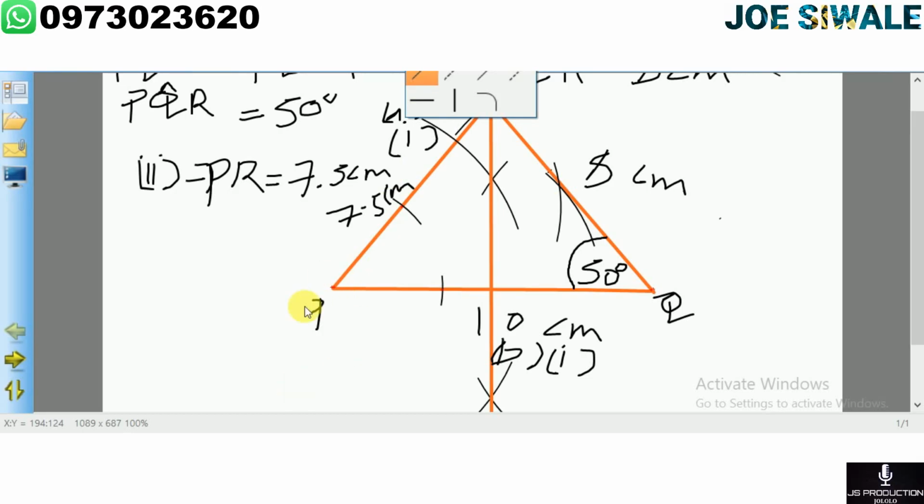So my straight line must come from point P, then it must pass through these two axes where the two axes had cut each other.